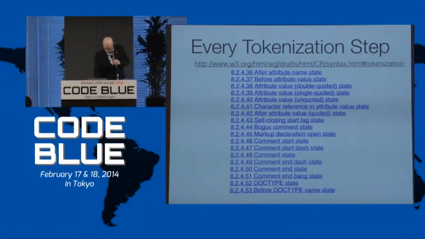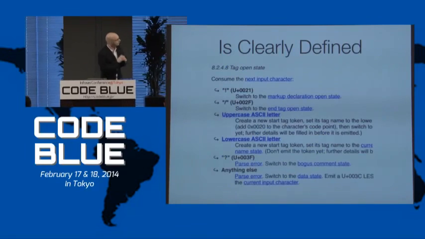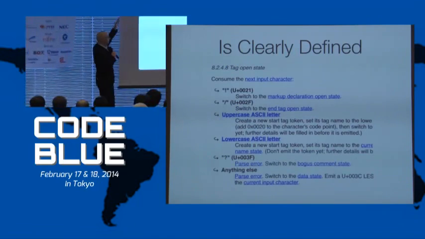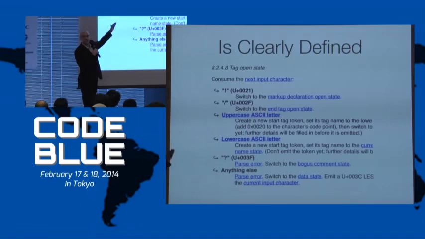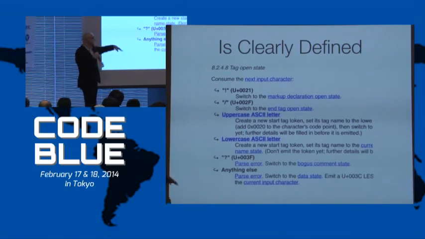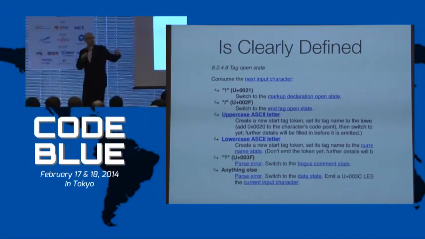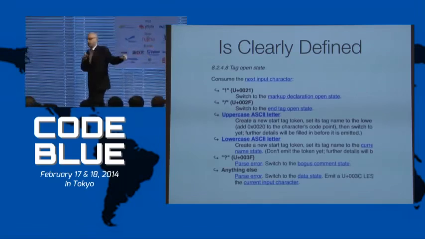And inside each one, things are really clear. If it's this character, do this. If it's this character, do that. If we don't know, do something else. Really clear. And every browser now follows this algorithm.